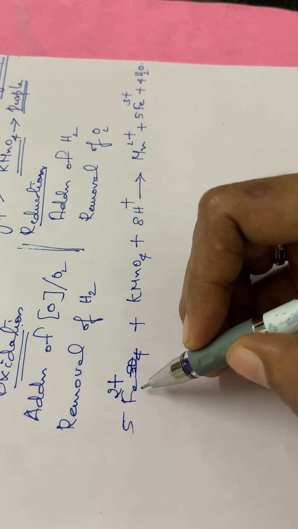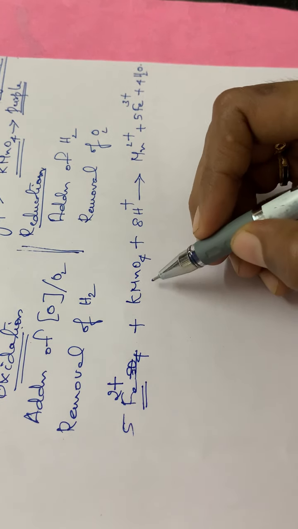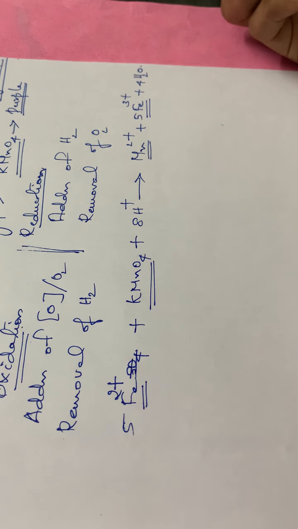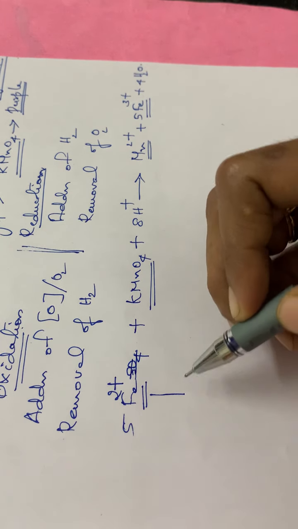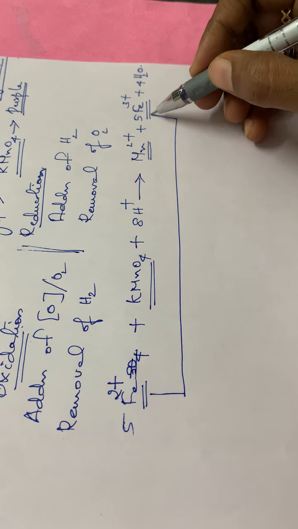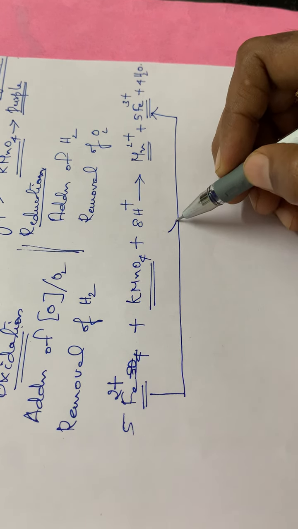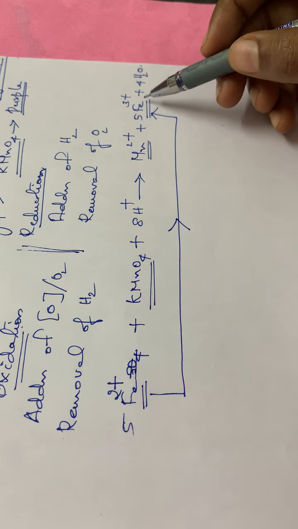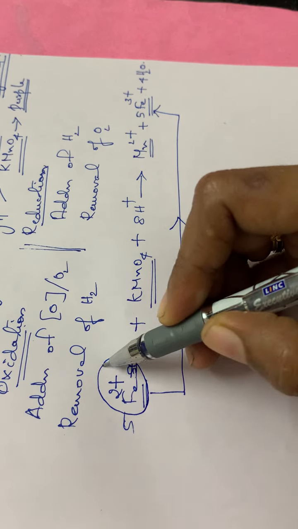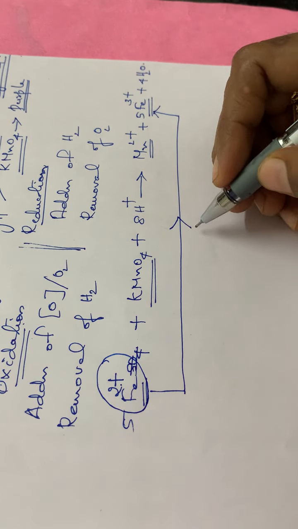See here, we are having Fe2 plus, then KMnO4, then Mn2 plus, 5Fe3 plus. After the reaction, this Fe2 plus is converted to Fe3 plus. What happens to the oxidation state? The oxidation state increases from 2 plus to 3 plus, isn't it?